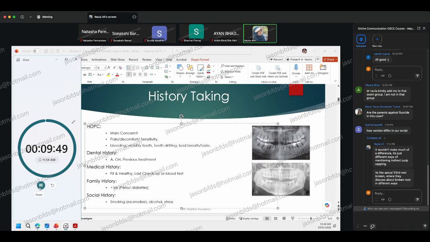Patient says, yes. So how is your general health? Patient says, oh, I'm fit and healthy. That's wonderful. Have you had any blood tests or health checks done lately? Patient says, no, I haven't done it in about 20, 25 years. Really? Well, that's been a while. What about your dental checks? Have you been regular with your dentist?